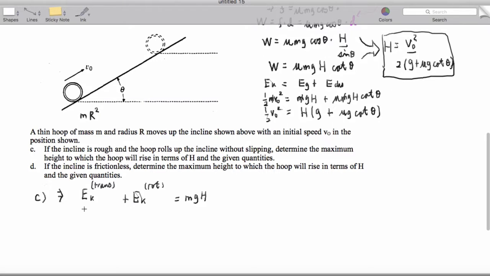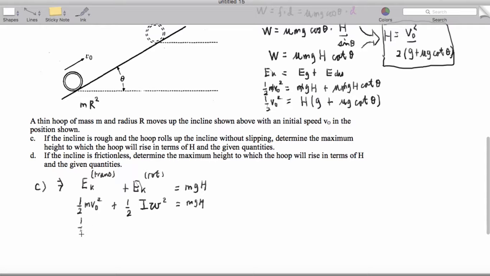Let's go ahead and plug all that in. So we're going to have 1/2 mv naught squared plus 1/2 I for a hoop times omega squared is mgh. Now we've got a couple simplifications to make. We're going to take 1/2 mv naught squared. That's going to stay the same. But then here, for I, we're going to put mr squared for the hoop. And for omega squared, that's v naught over the radius of the hoop squared equals mgh.